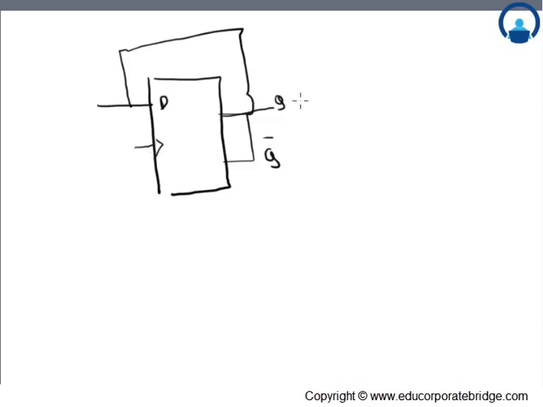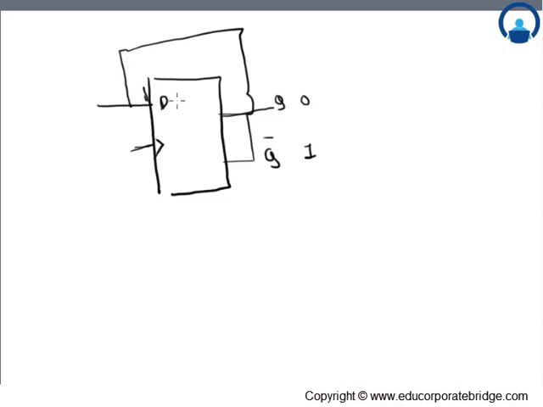Let us assume initially Q is 0, therefore Q bar is 1. This 1 is given here. So during the first clock pulse, this is the initial stage where initial output Q is 0, initial Q bar is 1, and this Q bar goes as an input.